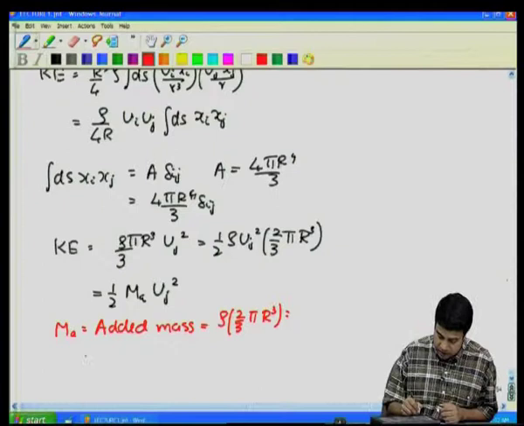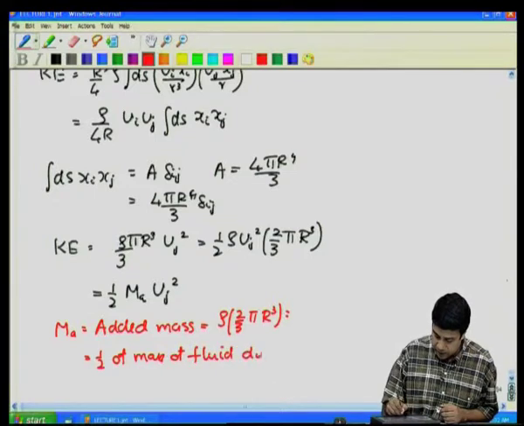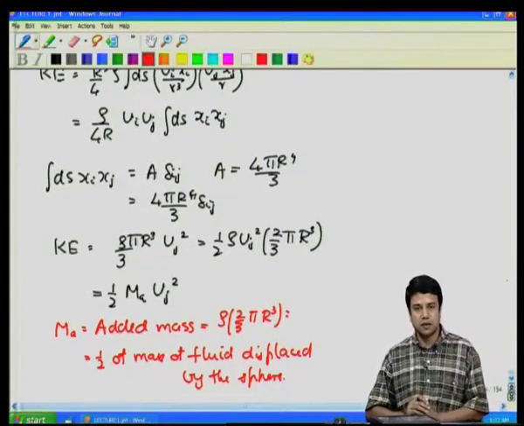Therefore, this added mass is equal to 1/2 of the mass of fluid displaced by the sphere. So, that is the added mass.